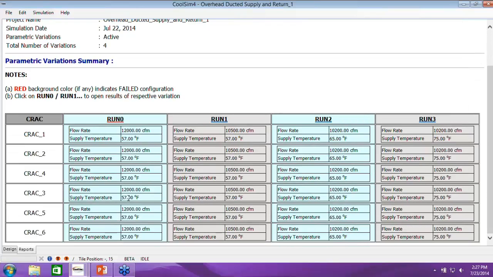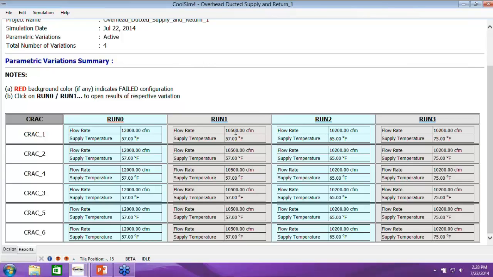Here's what I ran. The first run I made, run 0, I ran the flow rates at 12,000 and the supply air temp at 57 degrees for all of them, pretty much the way it came to us. I then, in run 1, you see what I'm doing here. I'm going for optimization. I'm beginning to reduce the airflow down to get it close to what I need it to be to drive RTI to 100%.